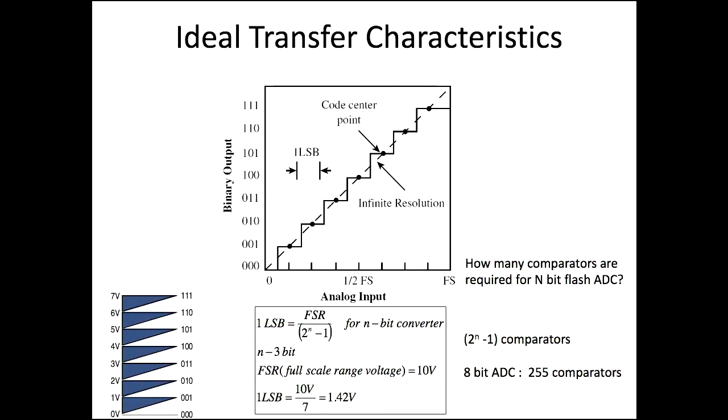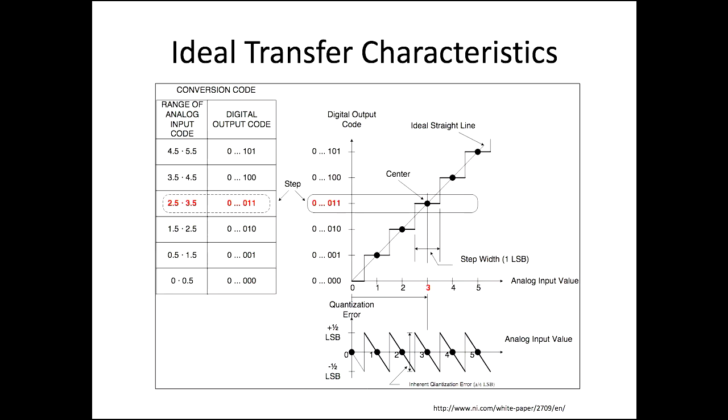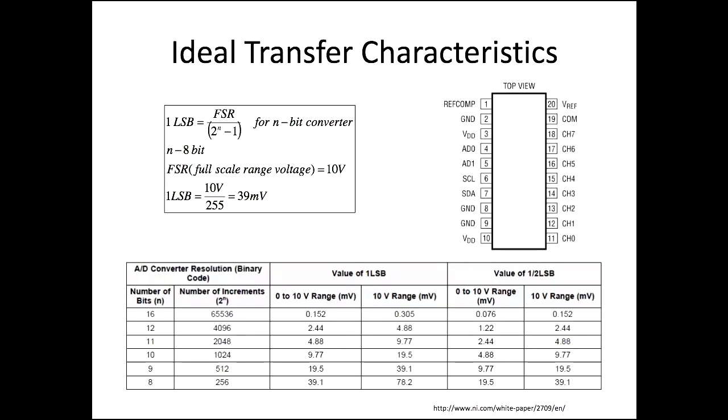But then we also studied effective number of bits. So what do you mean by effective number of bits? When you buy a high resolution ADC, usually in the 8-bit ADC, you have got 8 digital outputs, and when you read the ADC data sheet, sometimes they will say effective number of bits is 8, then that is good.